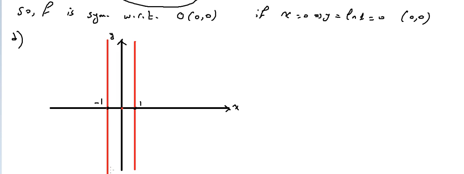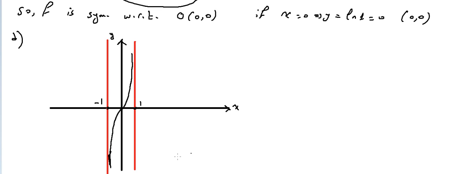So it's very simple to draw this curve, symmetrical with respect to the origin because it's an odd function. It's something like that, two parts. From minus 1 to 0 is symmetrical to from 0 to 1.